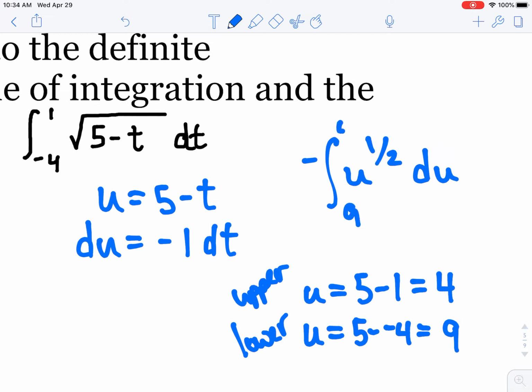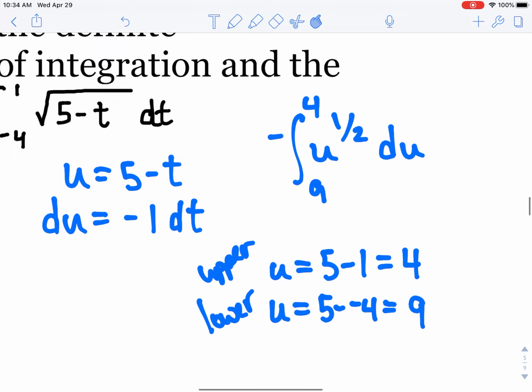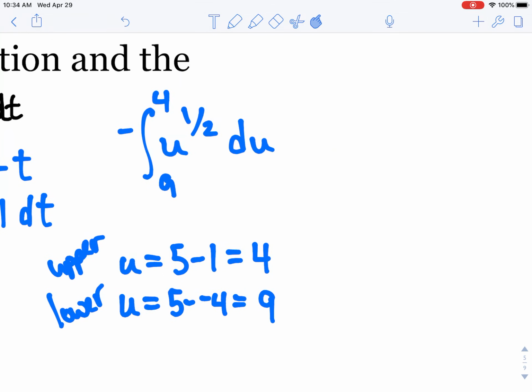So that I could now make this from 9 to 4 of our u, and then I don't have to substitute back in or anything. So I add 1, which is 2 over 2, so it's 3/2. I need to divide by that, which is the same as multiplying by 2/3.